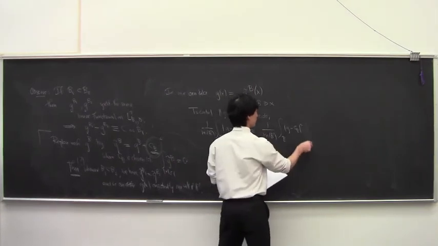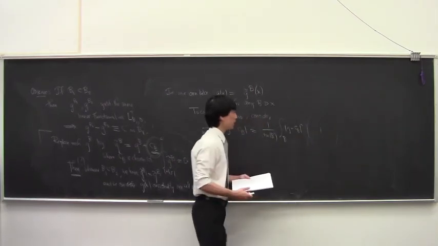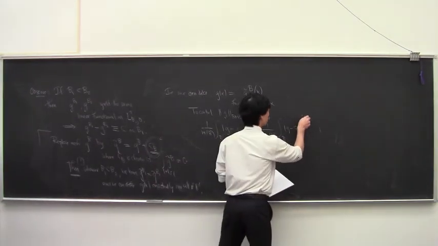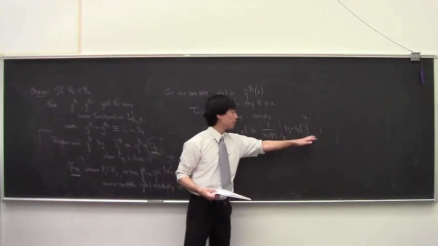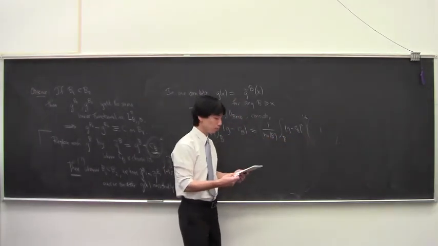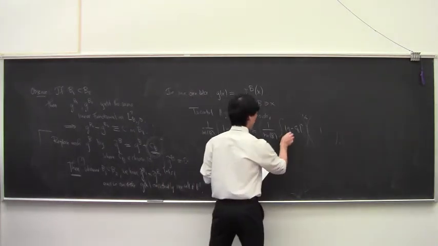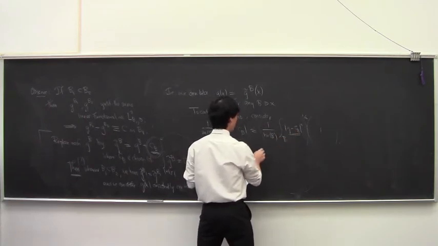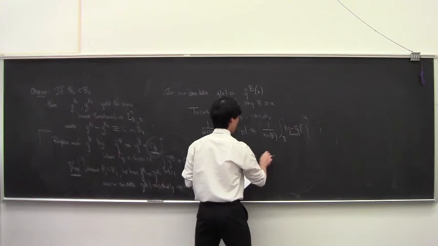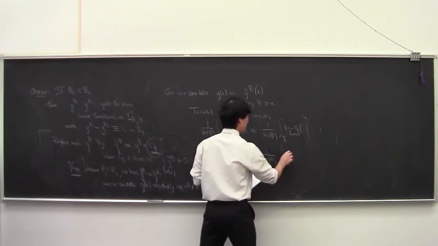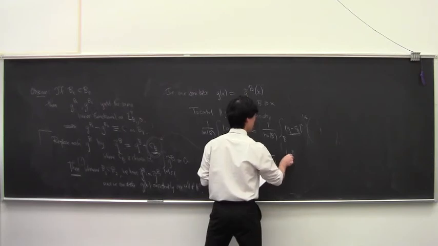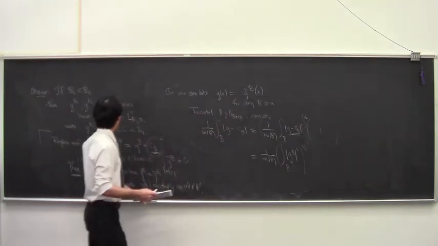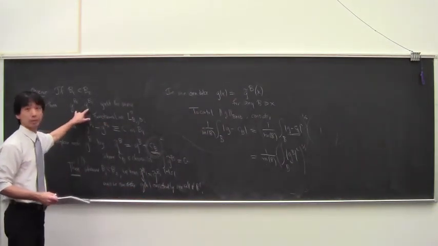We know that this is controlled by the L2 norm of this times the constant 1, and G minus CB on B is just our old G super B. Our G super B is from over here.